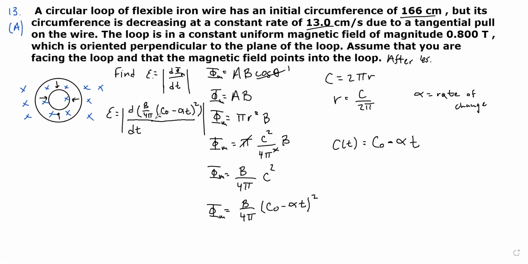So what this says is we want to take the derivative with respect to time of this entire function. We can pull some constants out to make this easier. I'm even going to drop the absolute value sign for a little bit. I'm going to take out the B over 4 pi. That's a constant. Everything else isn't, so it'll be this times the derivative with respect to time of original circumference minus rate of change times time, squared.